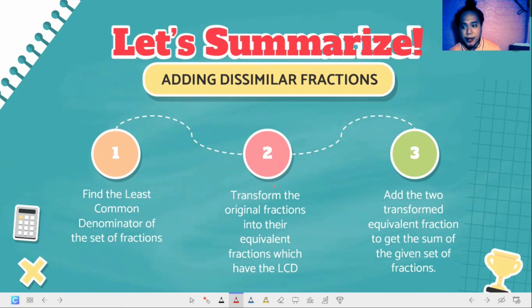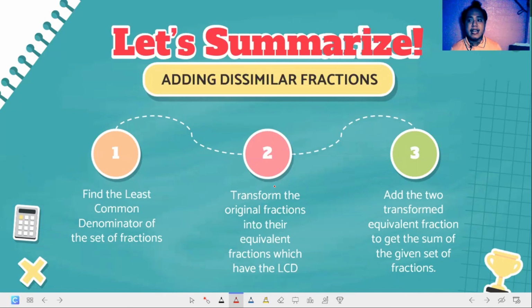The second step, you are going to transform the original fractions into their equivalent fractions with respect to the LCD that you have just identified in step 1. And last step, we are going to add the transformed equivalent fractions and find the sum.